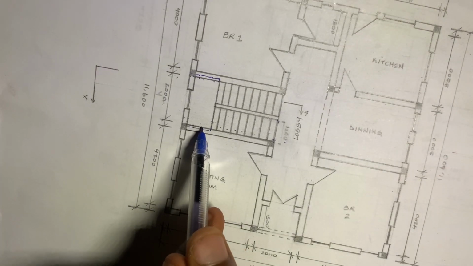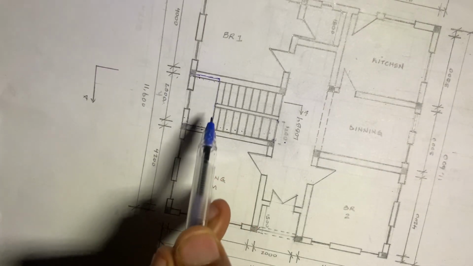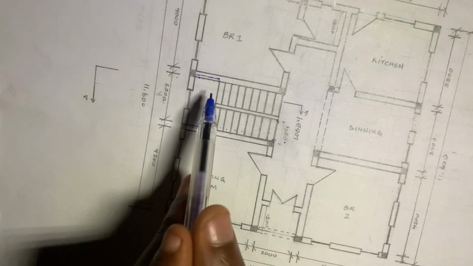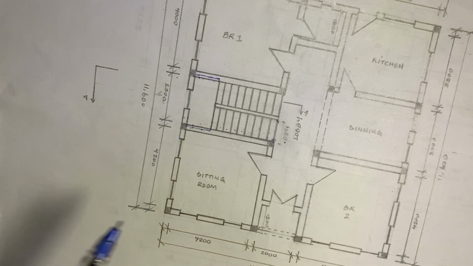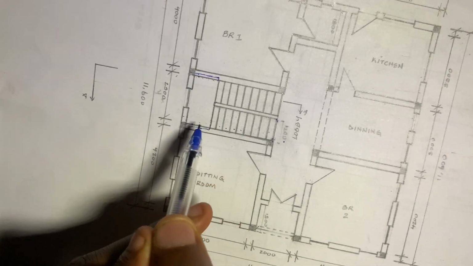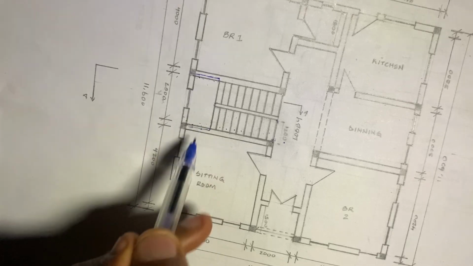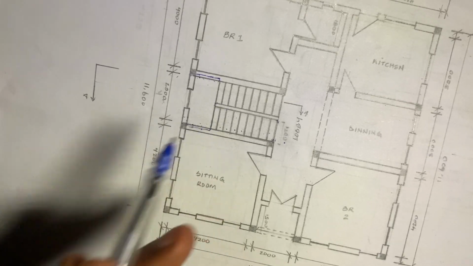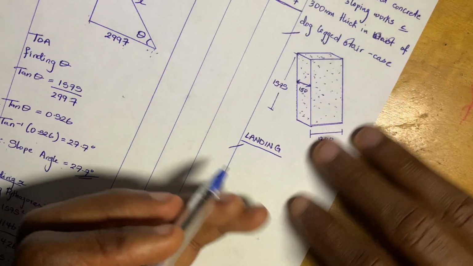So if we have 50 here, 50 here, 50 times 2 will give me 100. So 100 plus 2,500 will give me 2,600. So it means that the total width of our landing is 2,600.